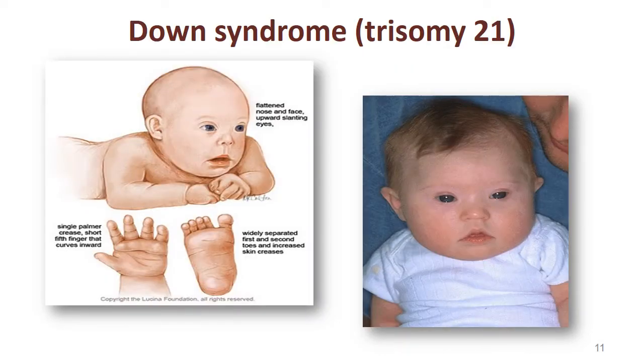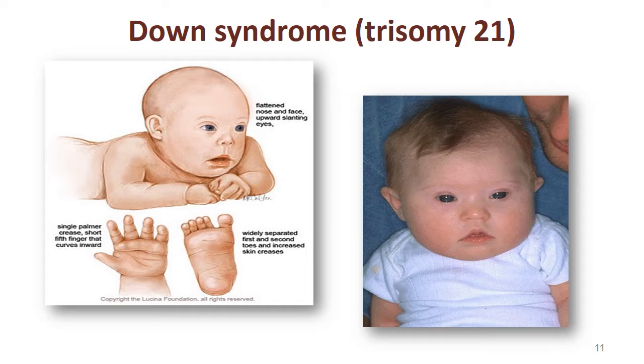Down syndrome, or trisomy 21, has the following manifestations: characteristic facial features, short stature, heart defects, susceptibility to respiratory diseases, shorter lifespan, proneness to developing early Alzheimer's and leukemia.